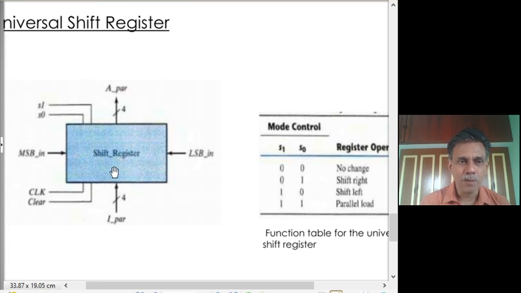Here the input as well as the output buses are 4 bits in length. That is what these 2 indicate. There is of course a clock which controls the shift operation. There is a clear bit which can be used to clear it.